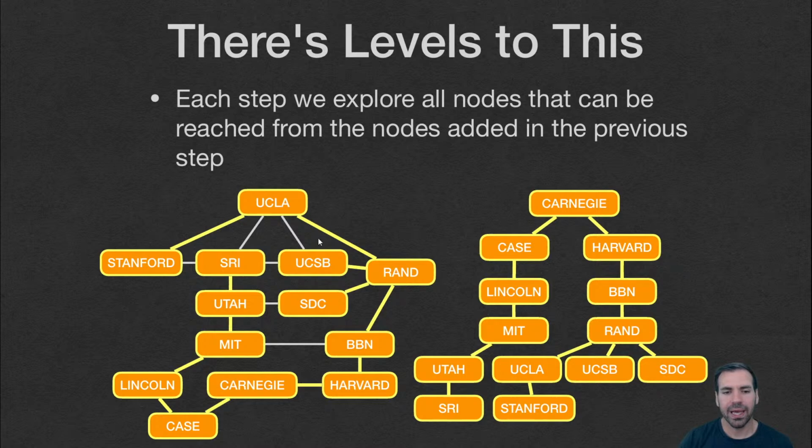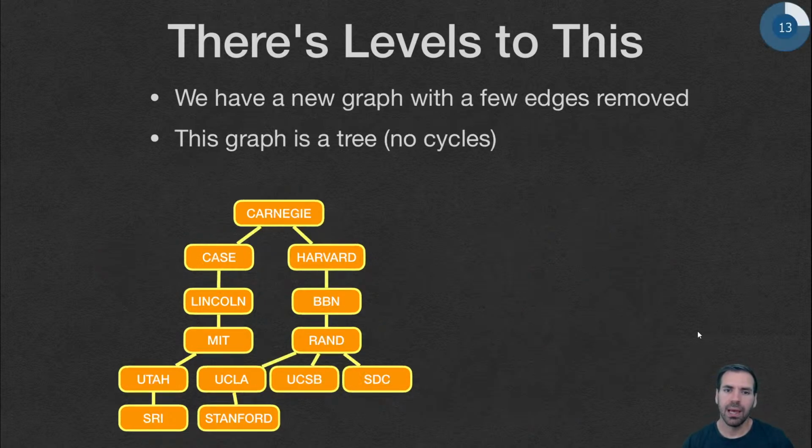And then all these white edges were never used to explore a new node, to find a new node, so they don't show up in my resulting graph over here. And what we're left with is a tree. So a tree is a graph with no cycles. Every tree is a graph, but not every graph is a tree.